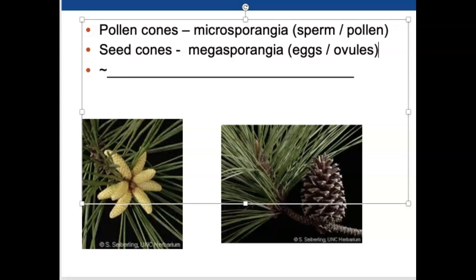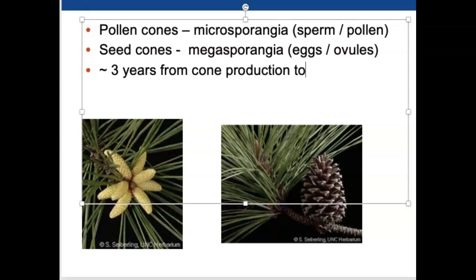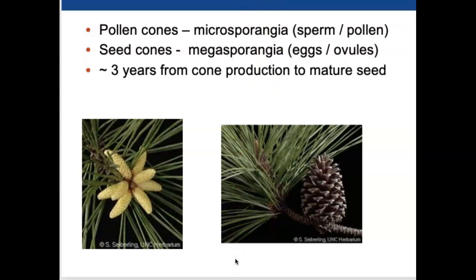Same concept. Both of these structures are found on the same plant, which again makes them monoecious. And in the big picture, it takes about 3 years from cone production to producing a mature seed. All right, so in the next lecture, we'll take a look at this process and walk through the steps of it.